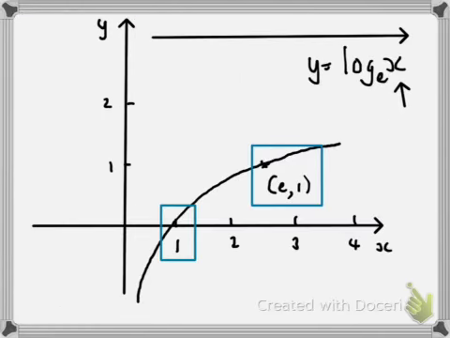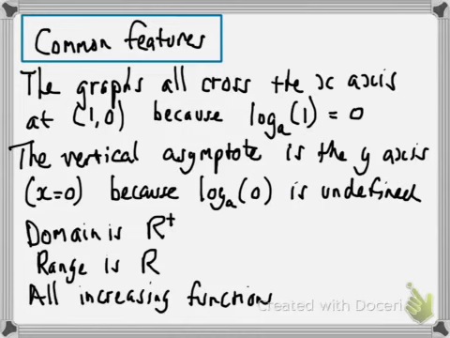Even though this looks like it's going to be asymptotic, it's not, right? It will in fact keep on going at both ends of this graph, so down here and over there, and we'll cover all the real numbers for values of y. So the range is all real numbers, the domain is positive real numbers. And they're all increasing functions.